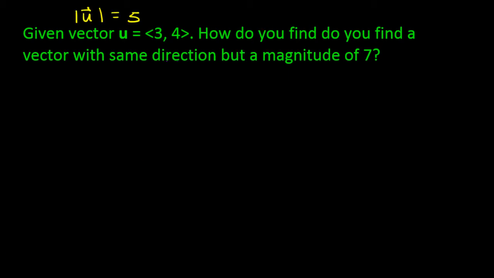That's important because we want the same direction with just a new magnitude, so if we just stick to multiplying by a scalar, we don't have to worry about the direction.